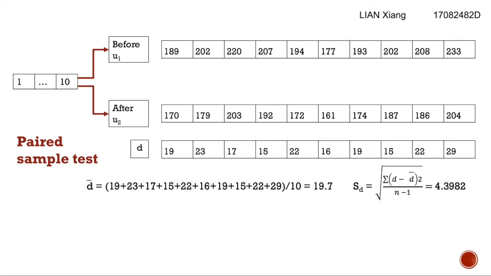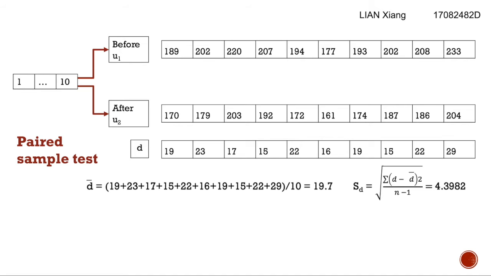We can easily note that it is a paired sample test since we collect data from the same group of participants for both mu1 and mu2. Then we can compute the differences between mu1 and mu2, which are 19, 23, 17, 15, 22, 16, 19, 15, 22, and 29.